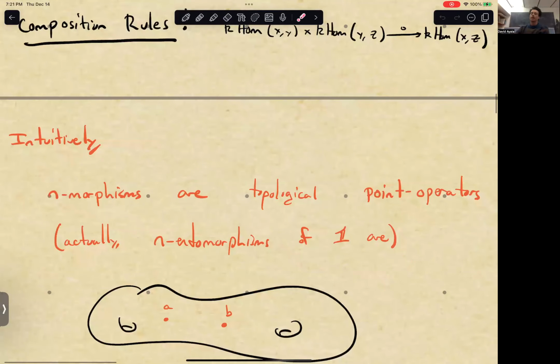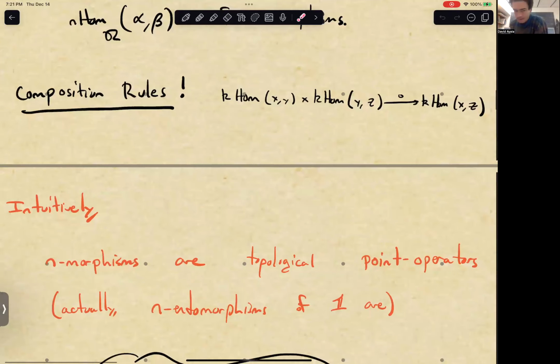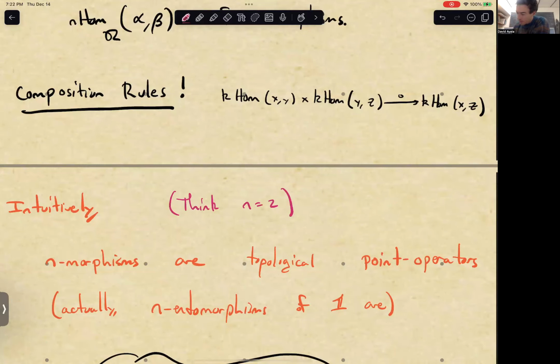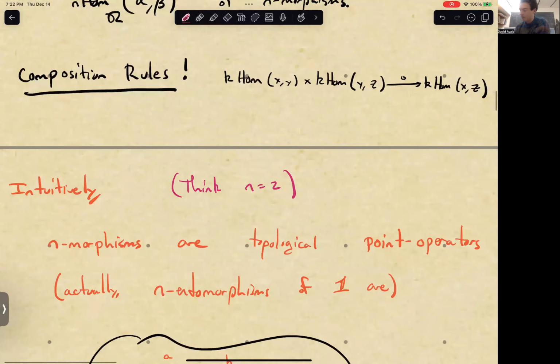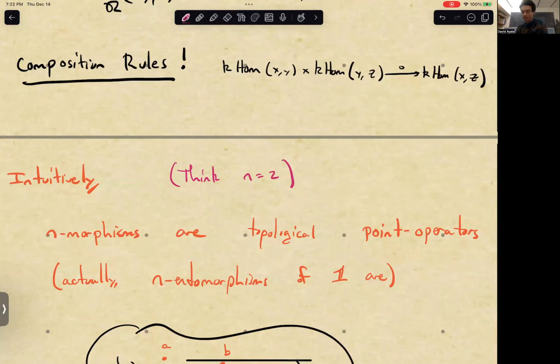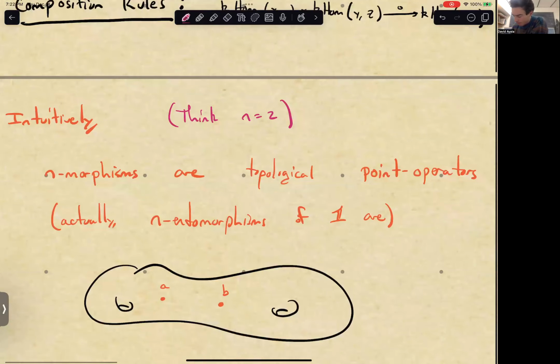Intuitively, the n morphisms, and the way I'm drawing pictures, n will be 2, are the topological point operators in the theory. So here's a surface, and given 2 points, you can think of them as sites for inserting a point operator.